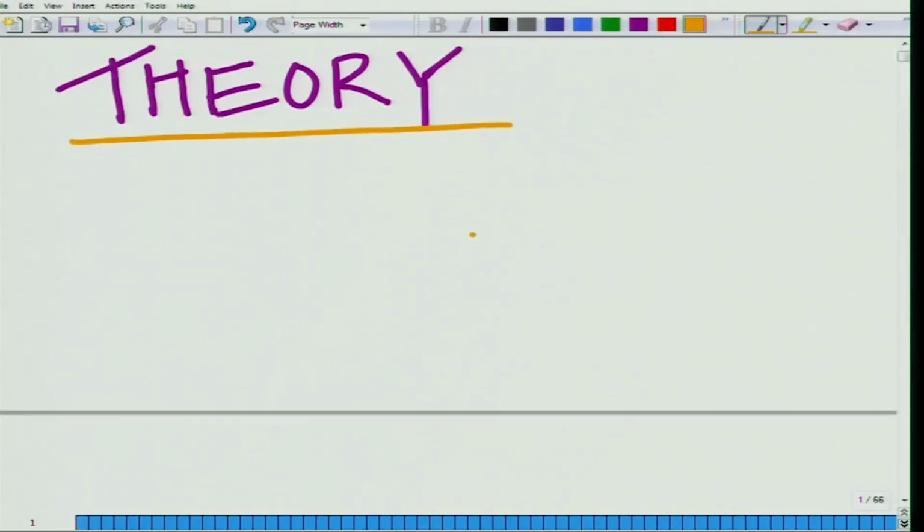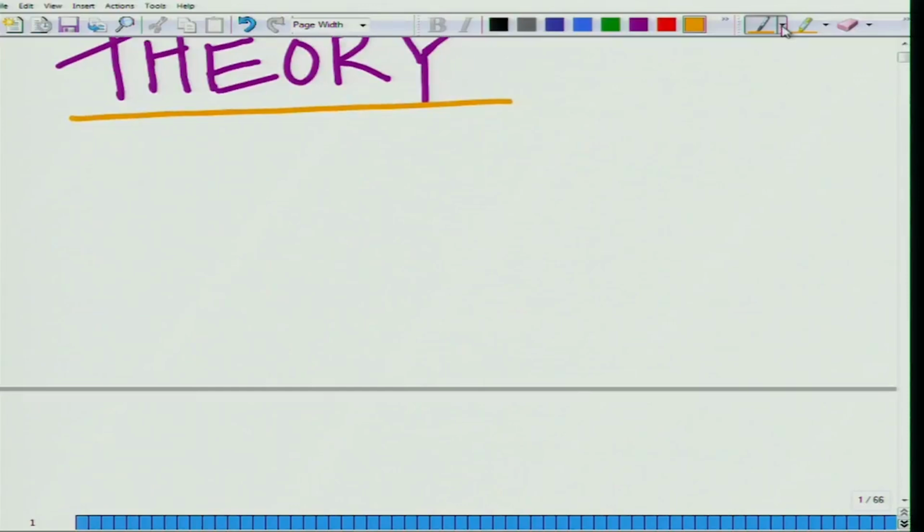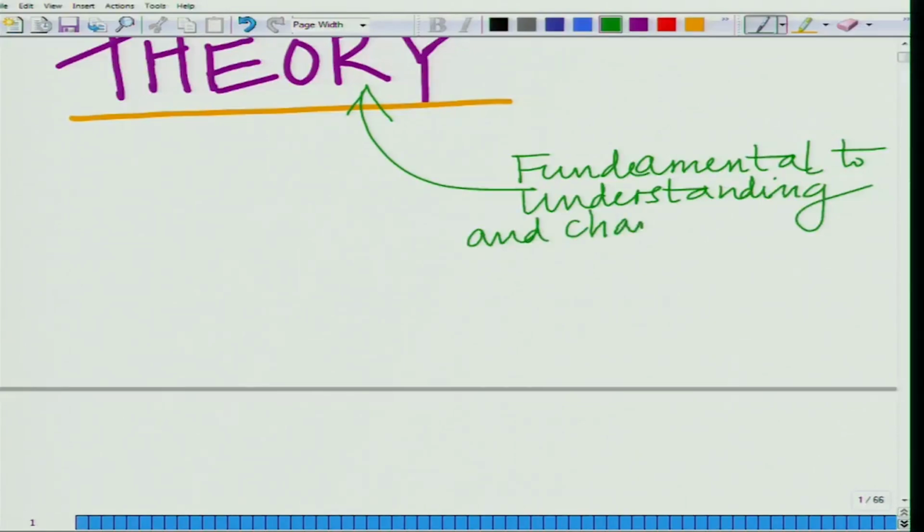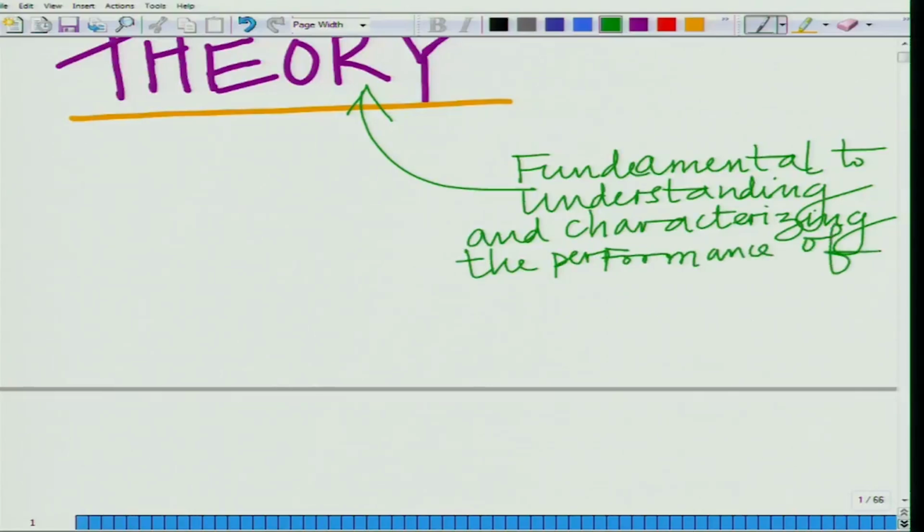Information theory, as I have said, is fundamental to understanding and characterizing the performance of communication systems.